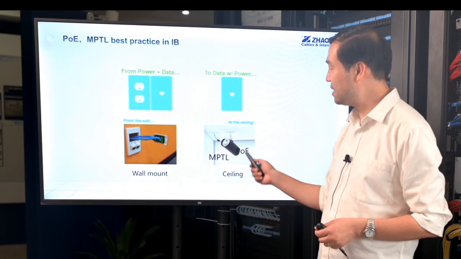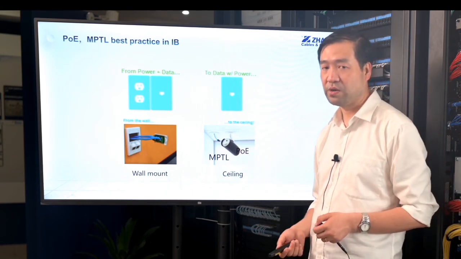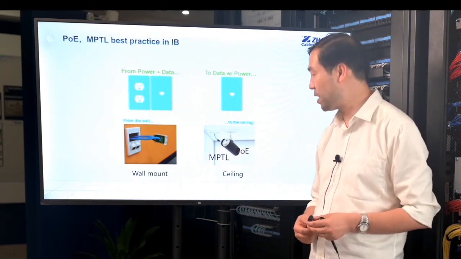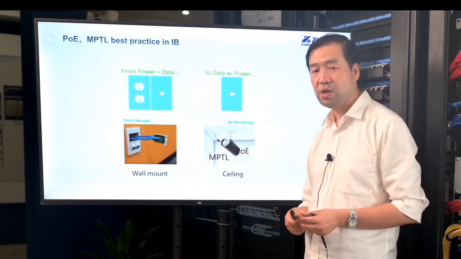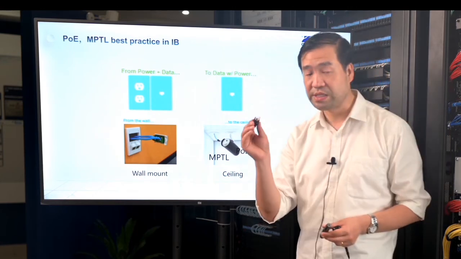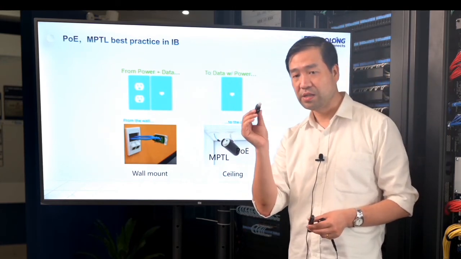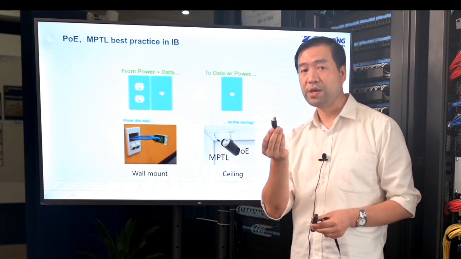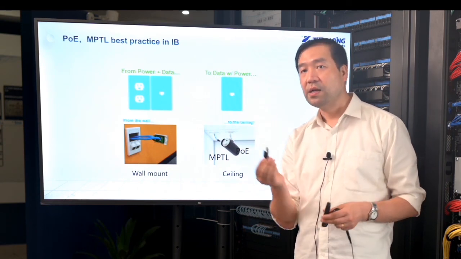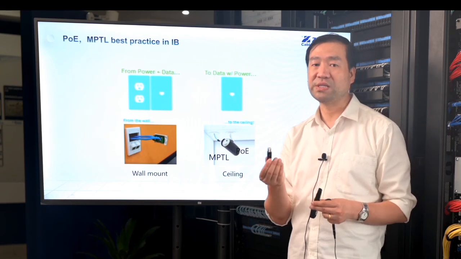So let's see. This is the living example when we use in your building. This camera connected to the cable. Use this stuff. You see, we call this MPTL. That's strong and maybe will help you to cost saving when you use to replace the traditional crystal.